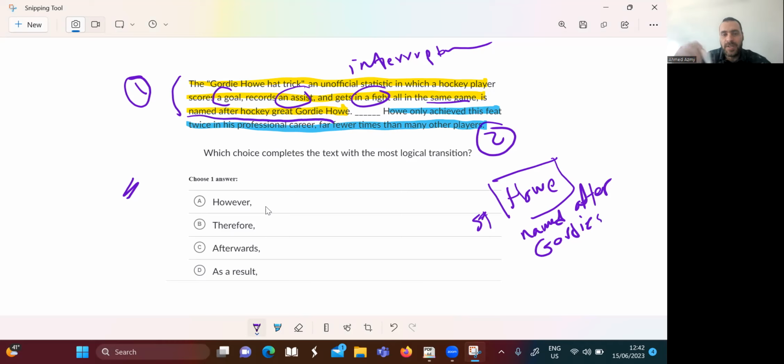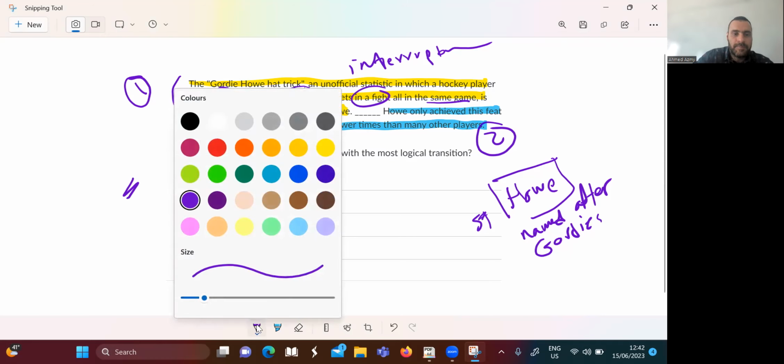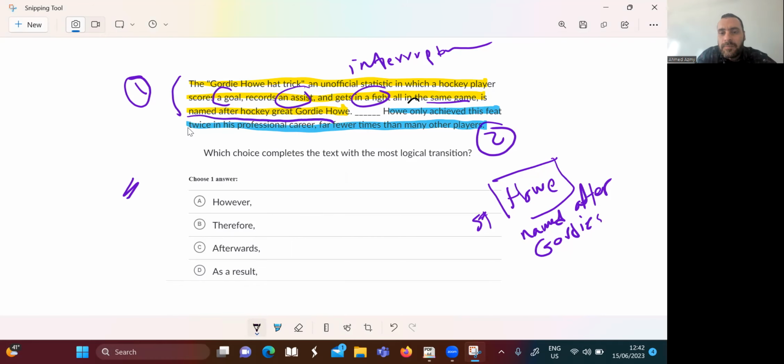The second idea, or the second part after the space: look at that, only achieved twice in his career, far fewer than any other player. So there's a contrast here. How is it named after a person, and that person did it far fewer times than the others?